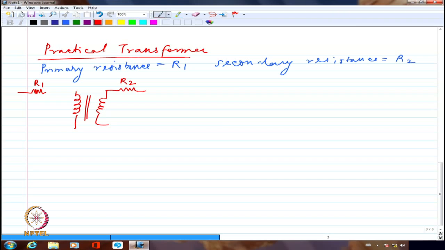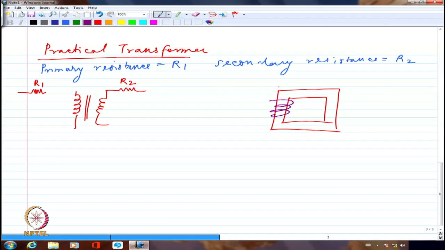So if I have this as the core with the primary winding here and the secondary winding here, although most of the flux will go like this, maybe one or two flux lines will go like this. These are leakage flux lines as far as the primary is concerned. Similarly, I will have at least some flux lines go here like this. So these are going to be the leakage flux lines corresponding to the secondary.